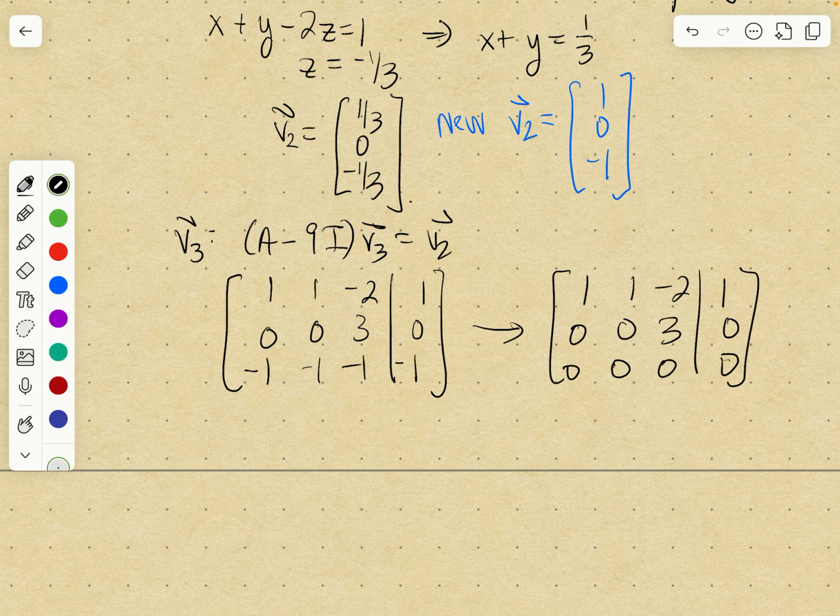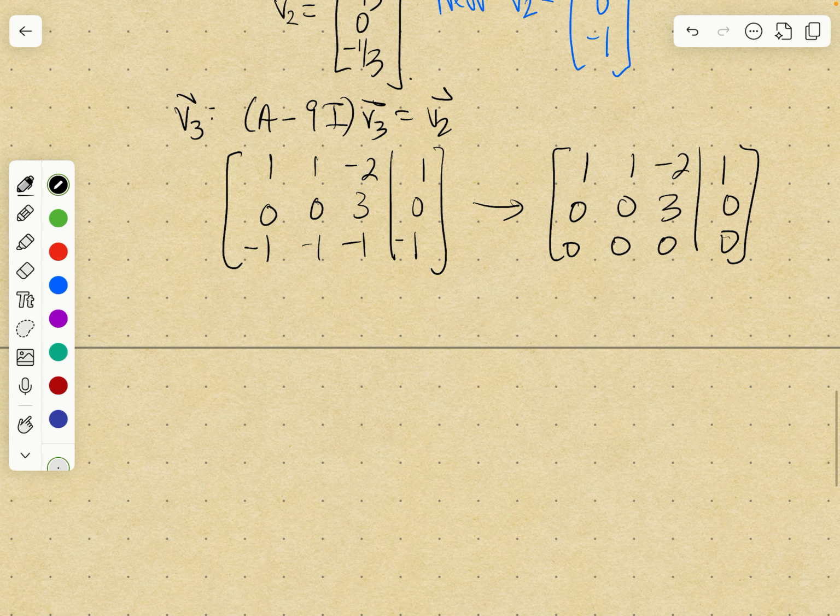Okay. And so you get that the third component has to be 0, and the first and second components have to add to 1. And so we can just take v3 to be 1, 0, 0. And so that's our v1, v2, and v3.